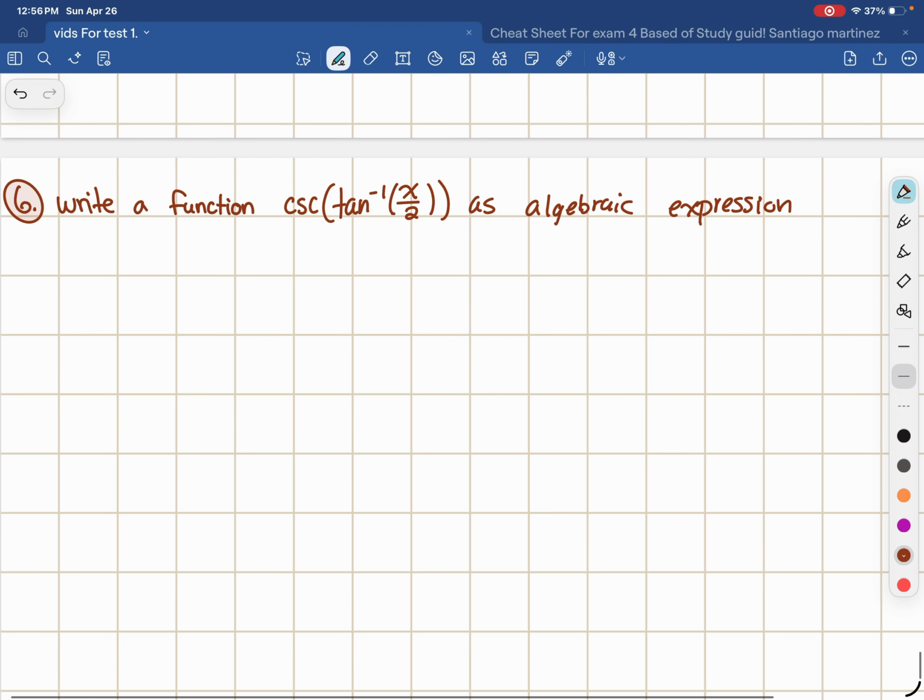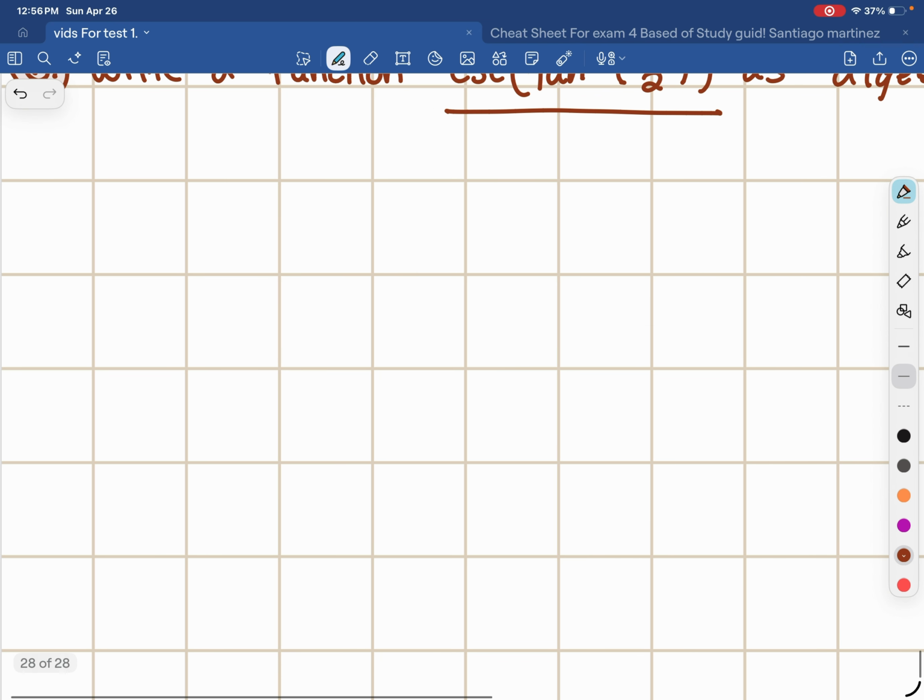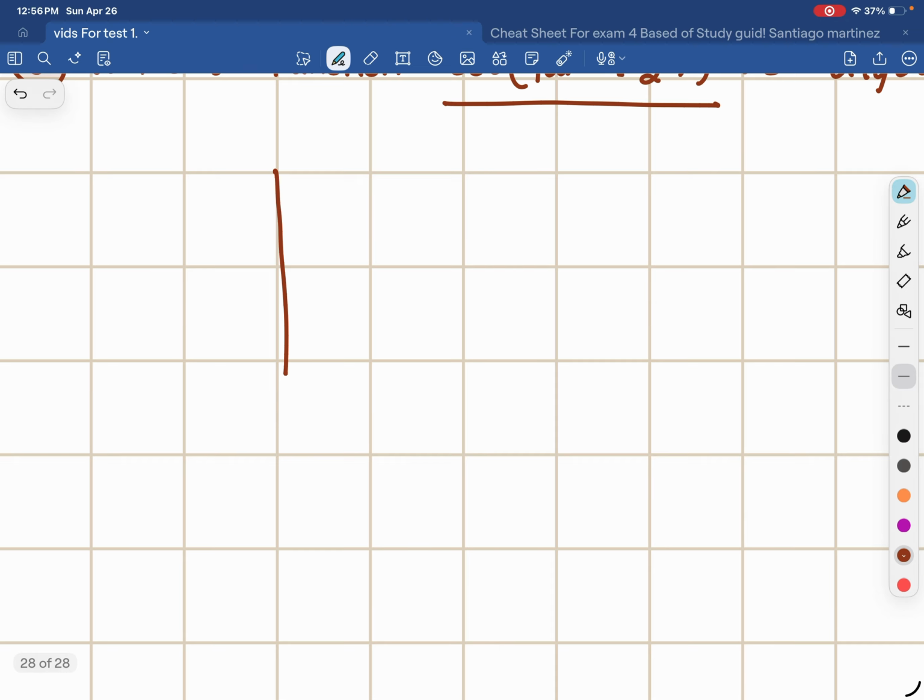The way we're going to do this is we just have to know our basic principles. Right off the bat, I see this information and we want to figure out what it equals, so I'm going to draw a triangle.